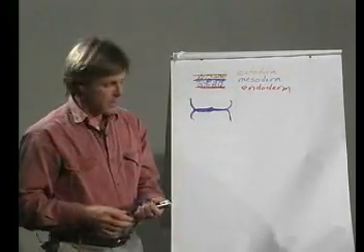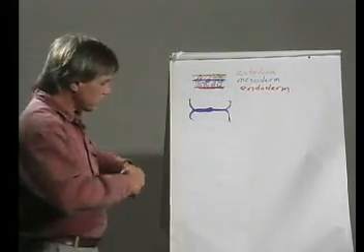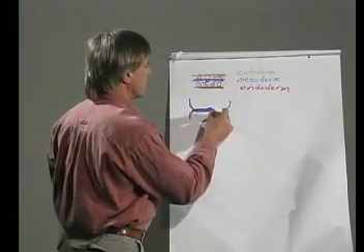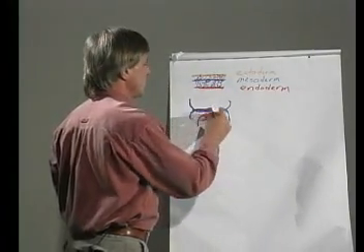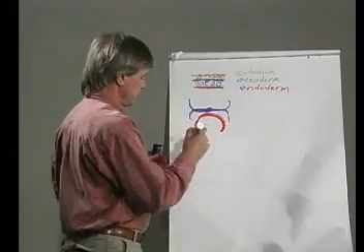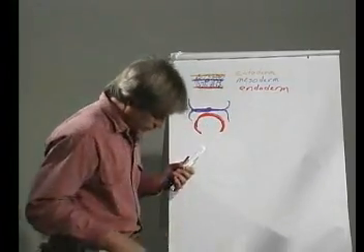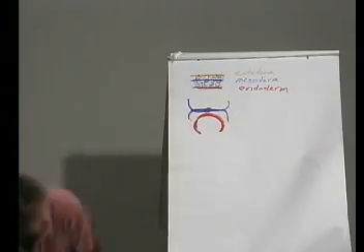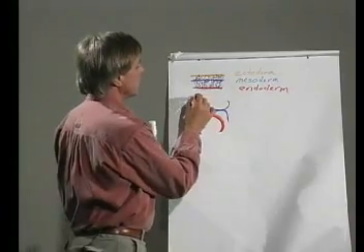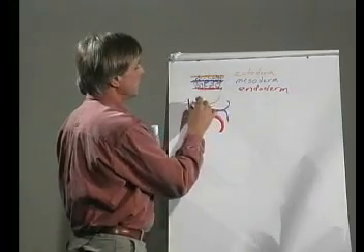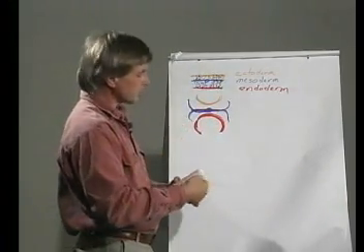And the endodermal cells are bent by this growth into something like this. And the ectodermal cells are also bent something like this by the growth of the mesoderm.